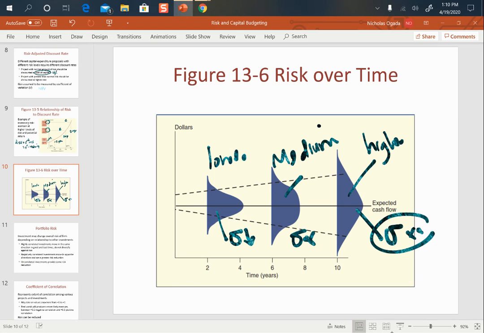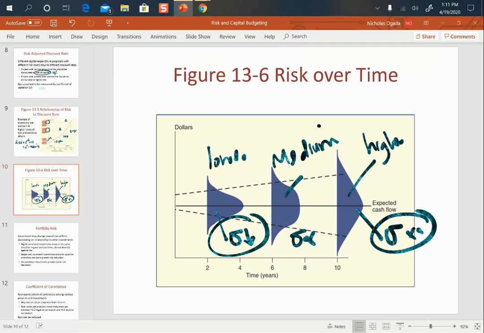So the standard deviation here is higher than it is for a short-term investment. Again, that clearly depicts what we're trying to say: the longer you go into the future, the higher the risk, and of course, the shorter the time period, the less the risk. Which, again, makes more sense.